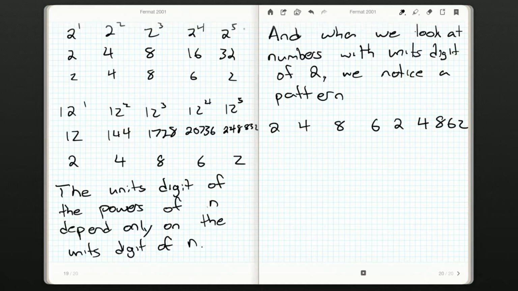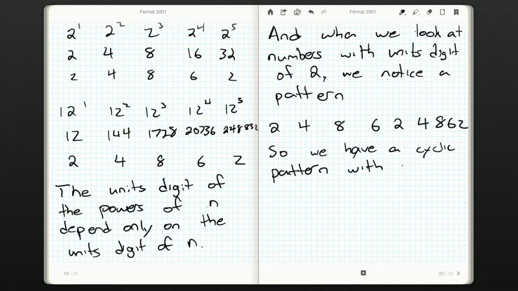It's just going to repeat. If we did 64, which is 2 to the 6, we'd be back here on our cycle with the 4. So we cycle through here. So we have length 4 or period 4, however you want to call it.